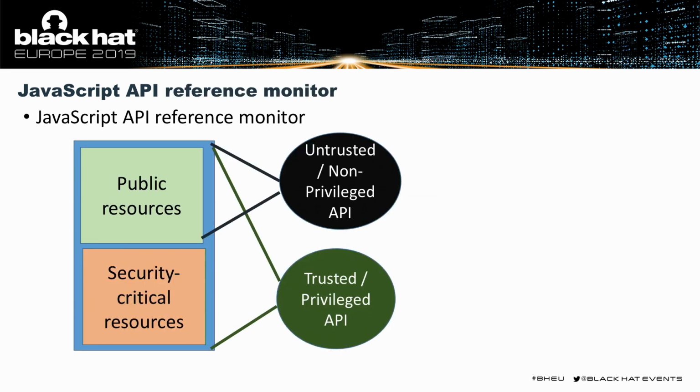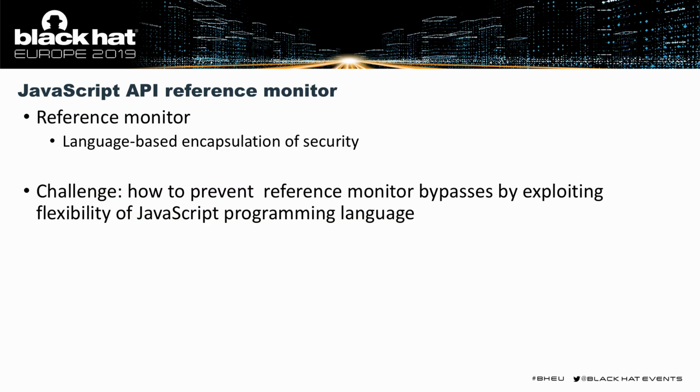Essentially, you can think of it in a very abstract way at the tool level. There should be public resources that are accessible to the untrusted API, and there should be security critical resources, and there is a well-defined separation of concerns there. And how is that usually done? It's usually done with something called a reference monitor, and you can think of it as a language-based sandbox.